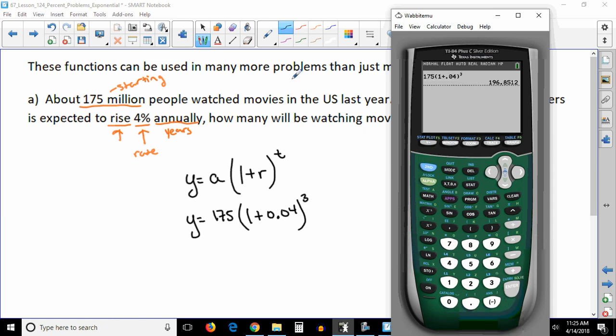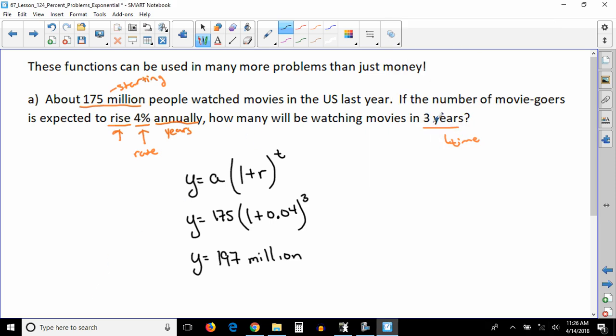And it looks like my answer is 196. Since there was no decimal point to start out here in the 175 million, we'll just keep it like that. So we'll say 197 million people is your answer. So if you want to know how many people will be watching movies in 3 years, it's 197 million people.